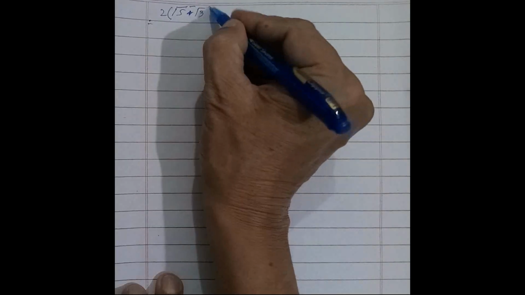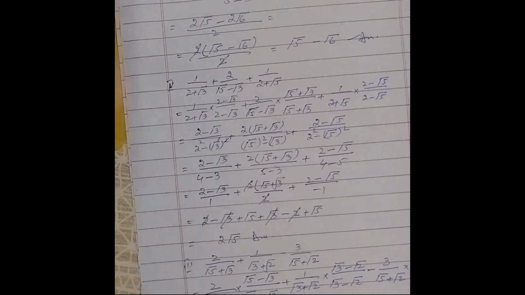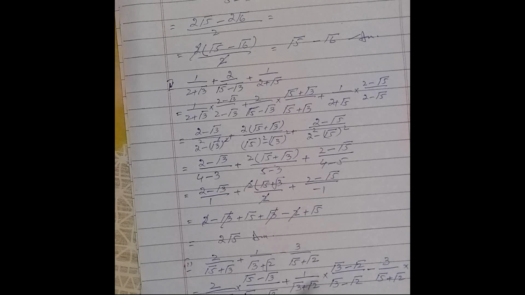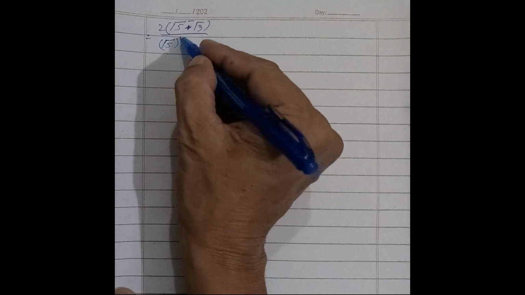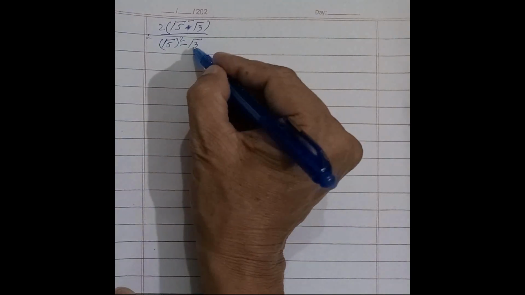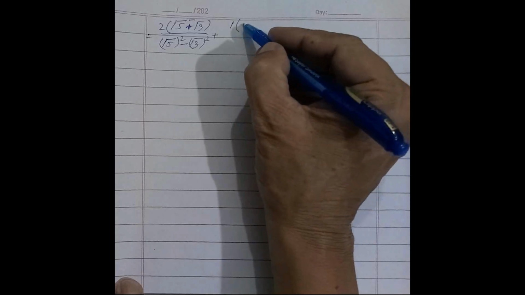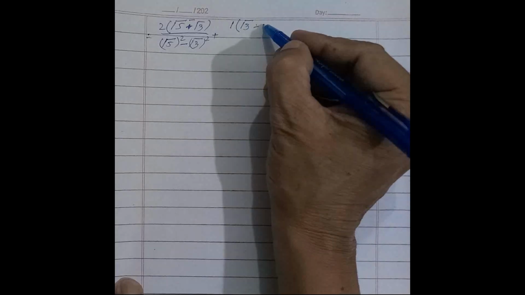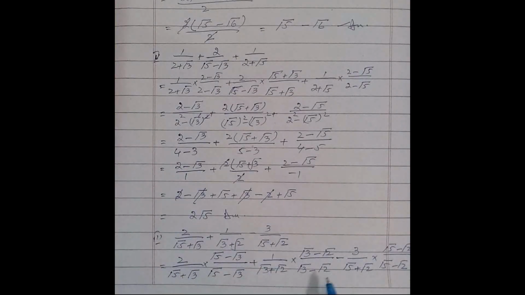2 into square root 5 minus square root 3 over, it is a plus b into a minus b. The answer is a square minus b square, and we get square root 5 whole square minus square root 3 whole square, plus the second value is 1 into square root 3 minus square root 2, and the denominator is a plus b into a minus b.